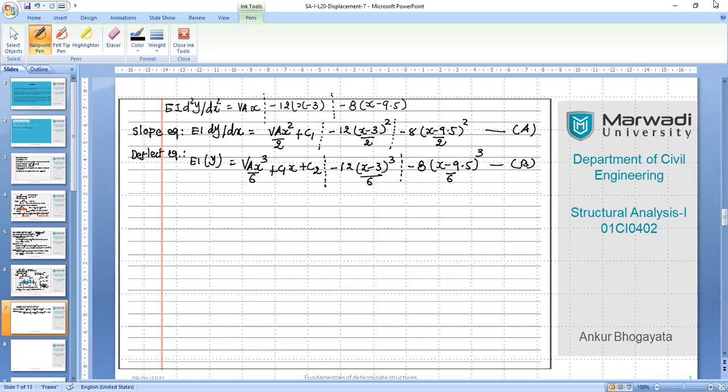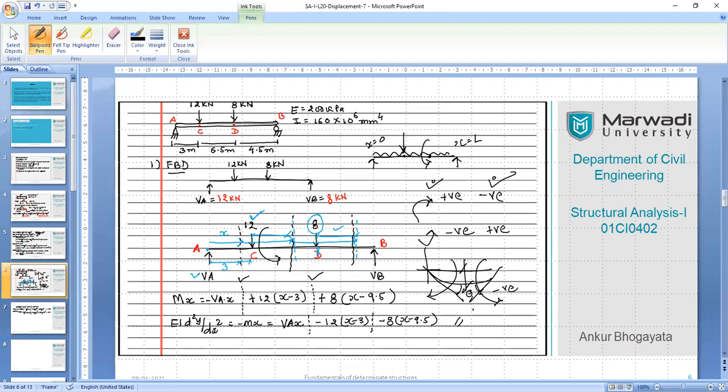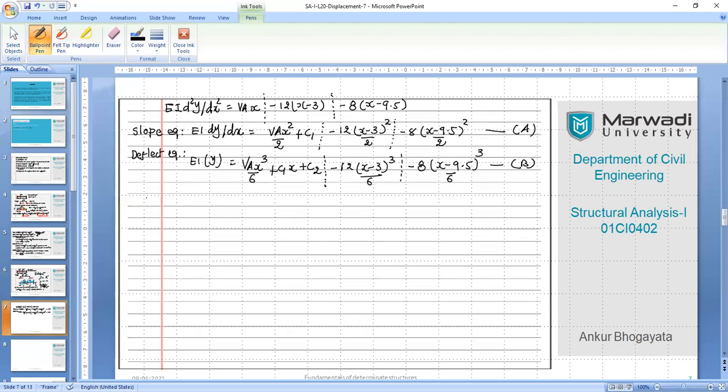Now our next step is to eliminate the values of constants C1 and C2. So let's check the boundary conditions. This was step 1, this is 2, so this will be step number 3 here, and step number 4: apply boundary conditions.